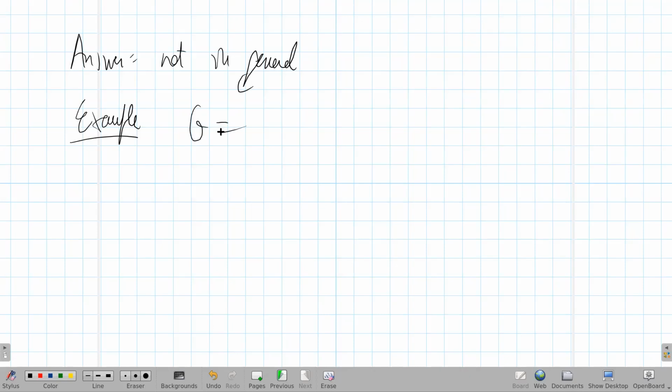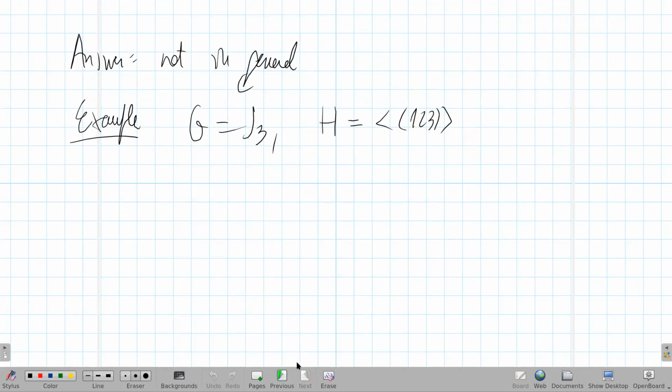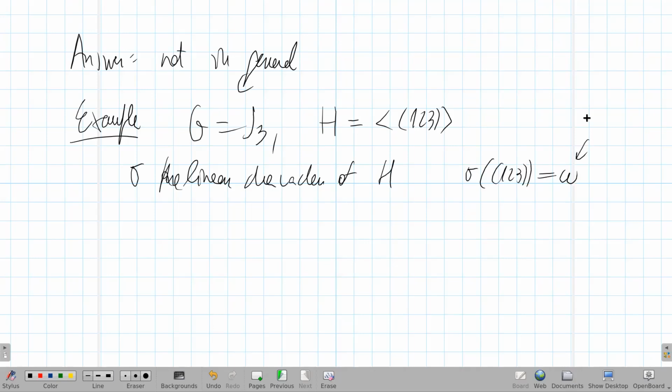Consider G equals S3 and H to be the subgroup generated by (1 2 3). So we take G to be S3, H to be the subgroup generated by (1 2 3), and we take, what letter was I using? Sigma. Yes, sigma a linear character of H, such that sigma of (1 2 3) is omega, a primitive third root of unity.